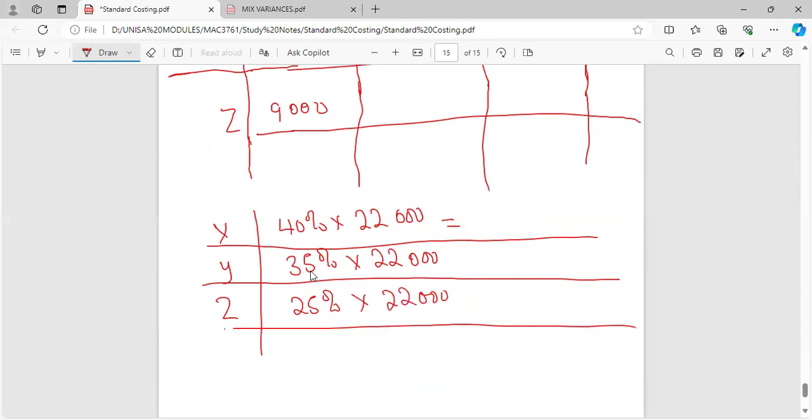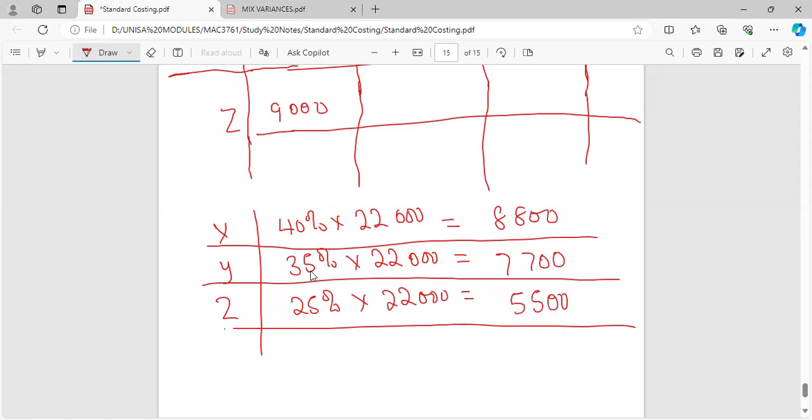So the first one, 22,000 times 40%, is 8,800. Then the next one is 7,700, and the other one is 5,500.